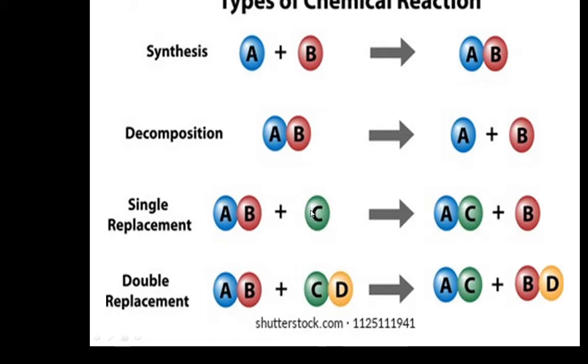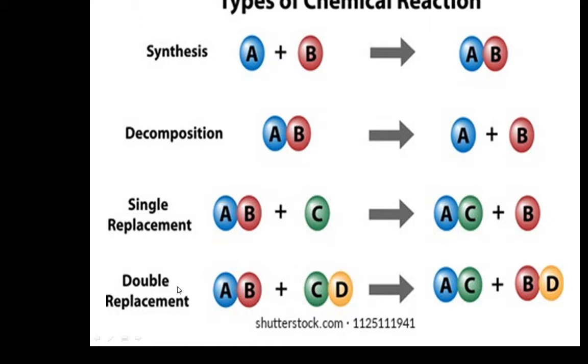When C replaces B, one component replaces another component. This kind of reaction is known as a single replacement reaction, because one reactant replaces another part of a reactant.